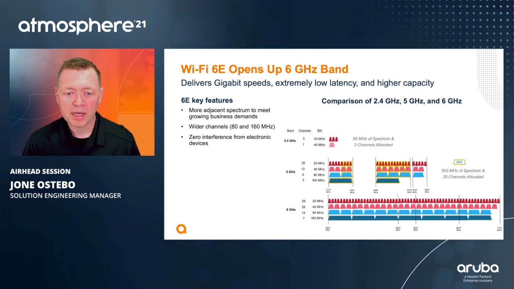If you look here to compare, let's start with 2.4 gig. You can see that with 2.4 gig, we only have 1 40 MHz channel or 3 20 MHz channels. If you go into 5 gig, we have 12 channels on 40 MHz that we can use, including DFS. But if you're looking at what we have on 6 GHz, we have 29 channels using 40 MHz, or we can go to 14 channels on 80 MHz, which will give way higher performance.